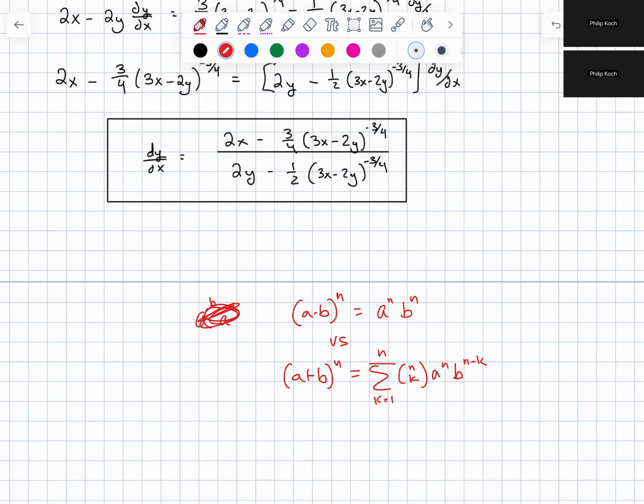So you cannot distribute the n into a sum or a difference of things. It only works when you're multiplying two things raised to a power.